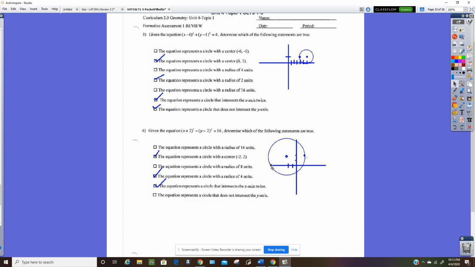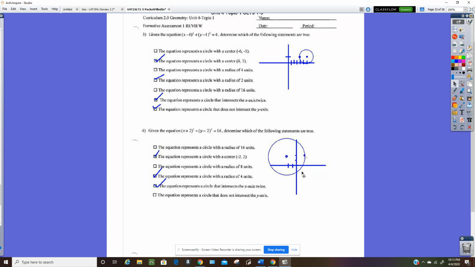Intersects the x-axis twice right here. And it intersects the y-axis once. So here's my center, (-2, 2). And let me say that again. The center is at (-2, +2). And then I want a radius of 4. And here I use the compass to make this.